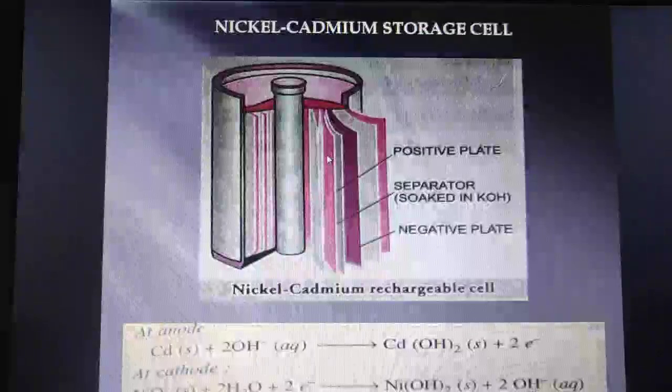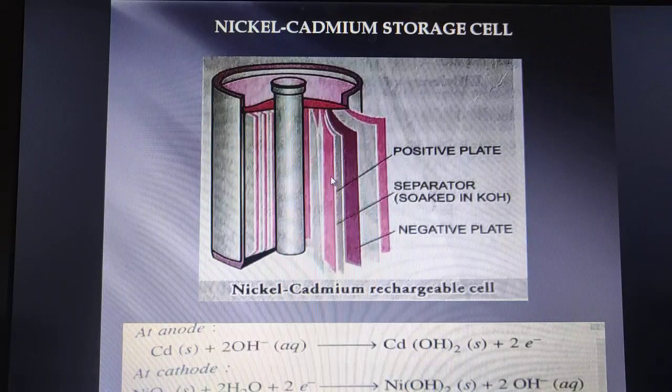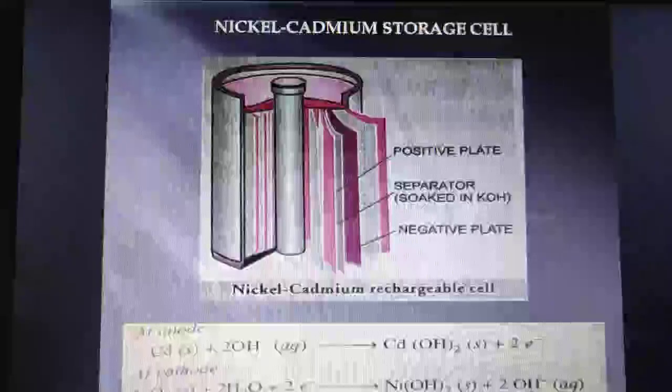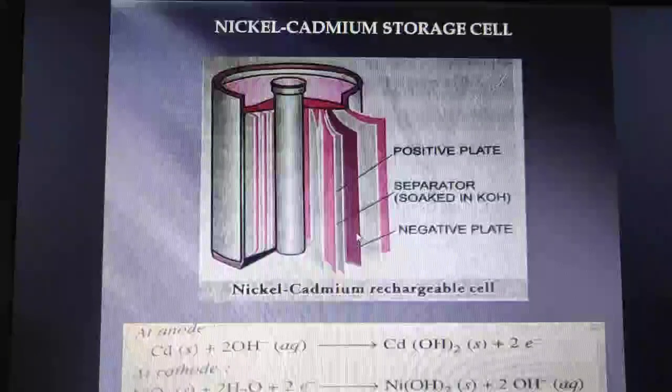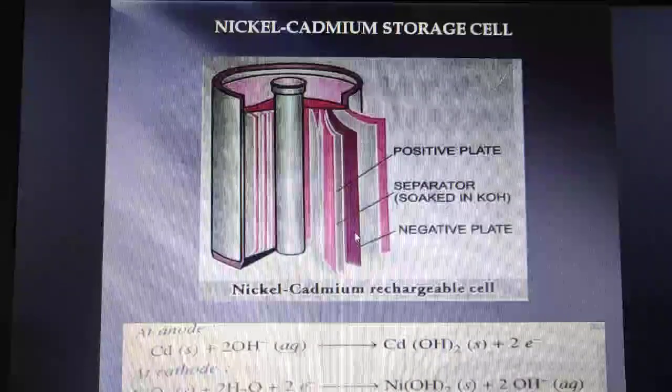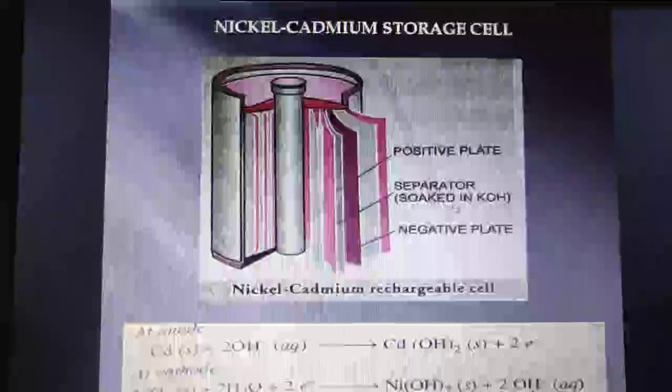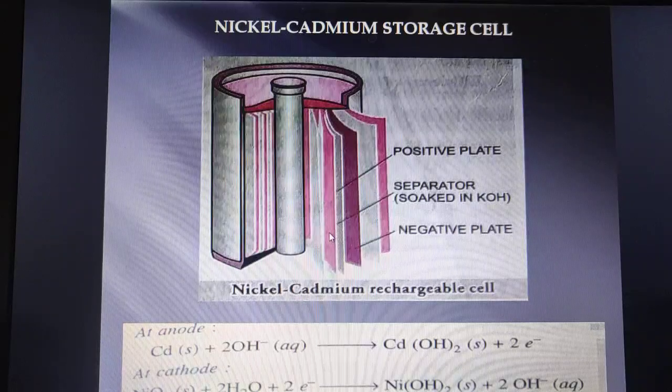It consists of cadmium electrode as anode. This is the cadmium electrode anode and the metal grid containing nickel oxide immersed in potassium hydroxide solution. This is a separated solution and is the electrolyte.